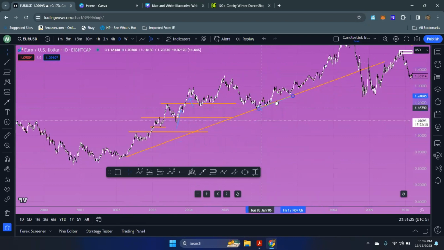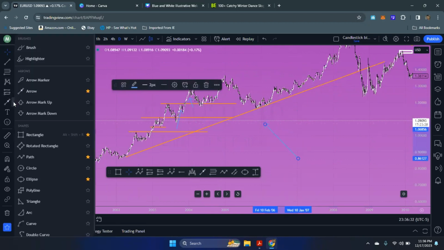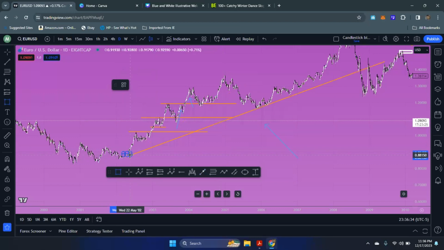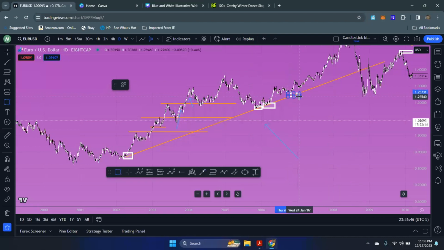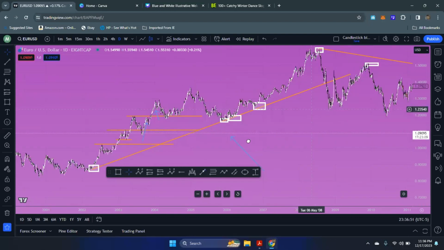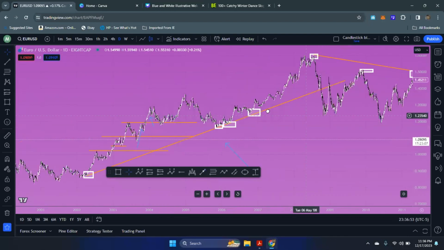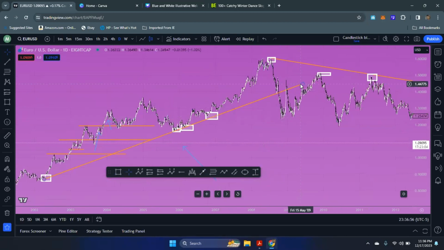It touches. I like this one. Oh, and look how it fits perfectly.